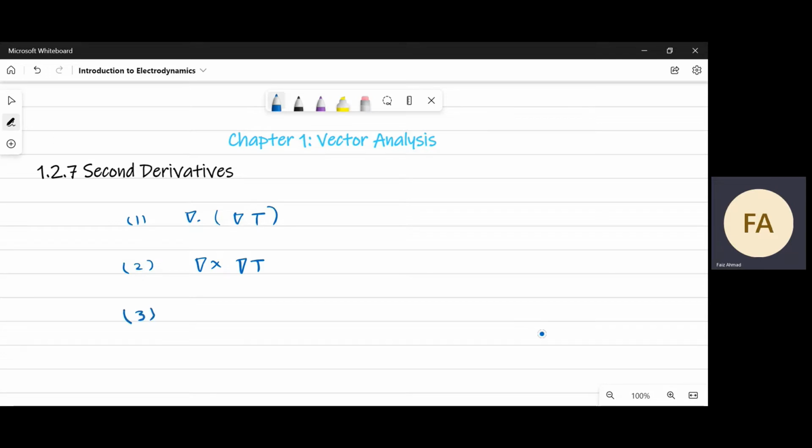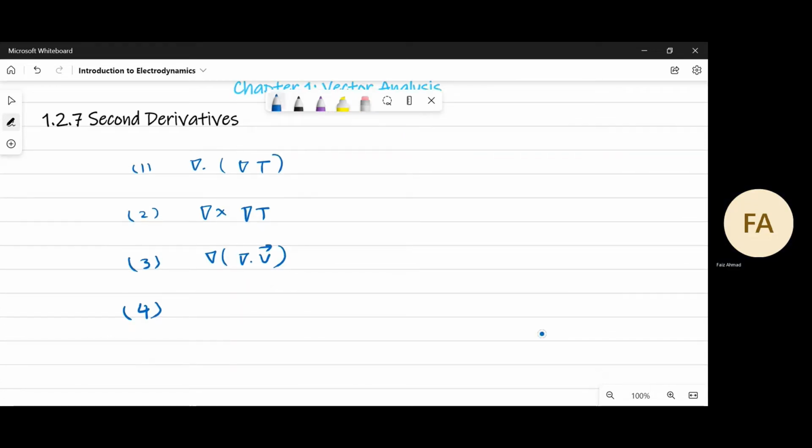Then third is gradient of divergence. So we have a gradient of del dot v. The fourth one is divergence of curl.